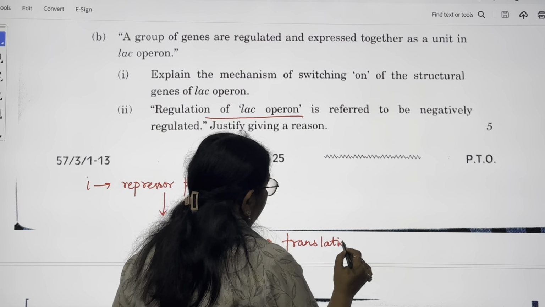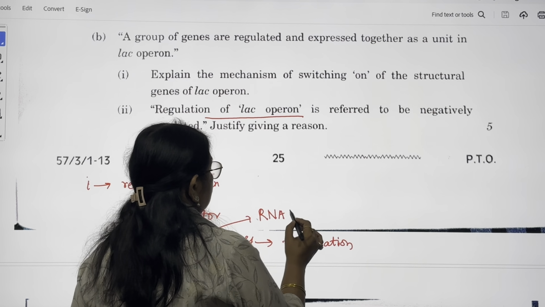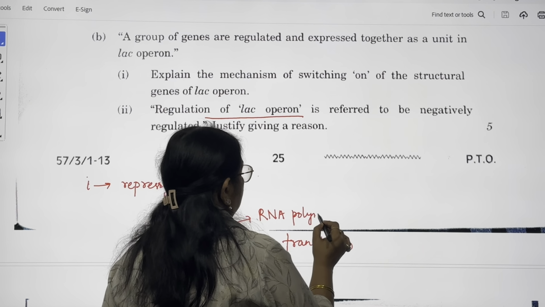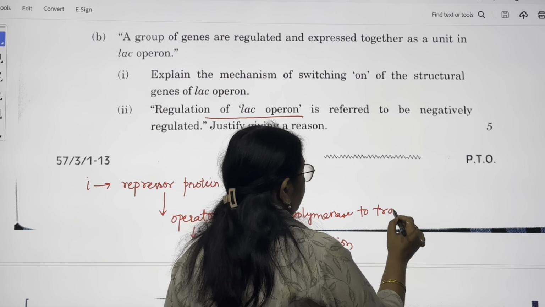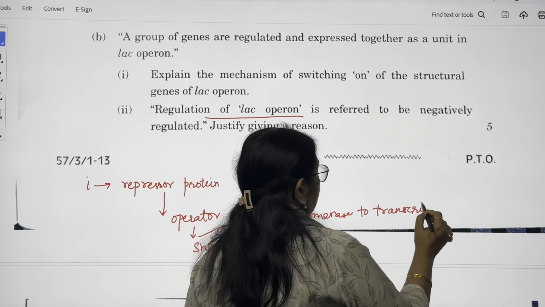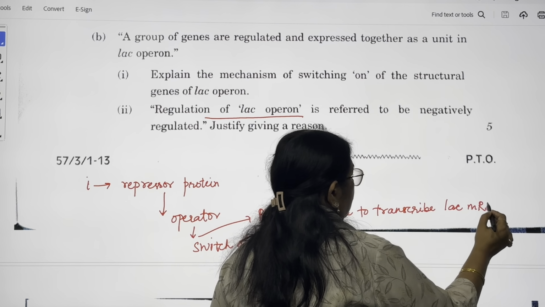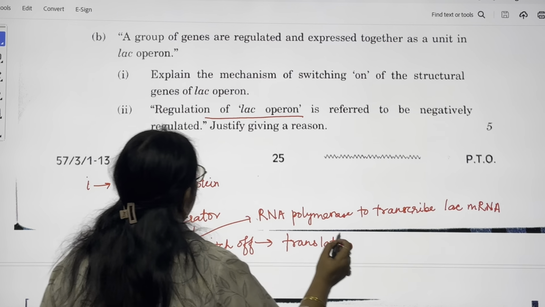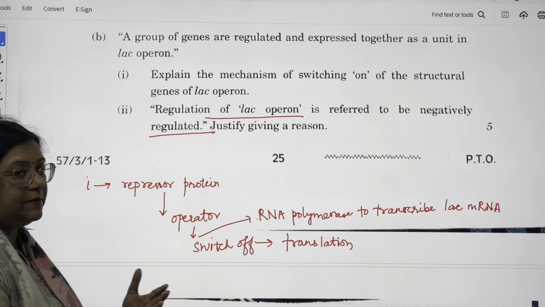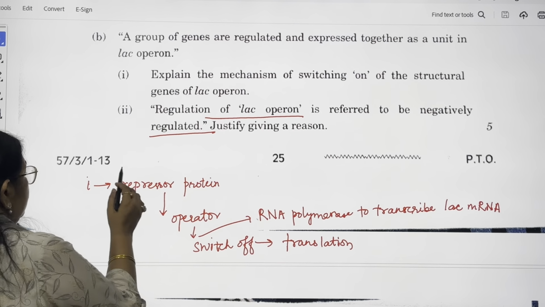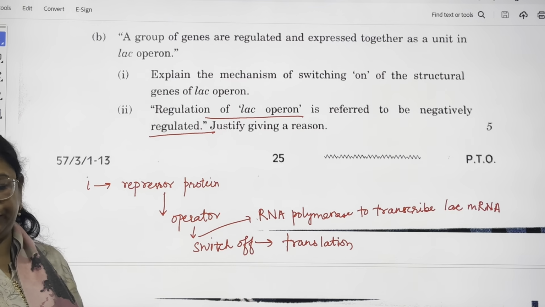So it prevents RNA polymerase from transcribing LEC mRNA. So this way we can say that it is negatively regulated, because in the absence of lactose, the repressor protein switches off the operator.